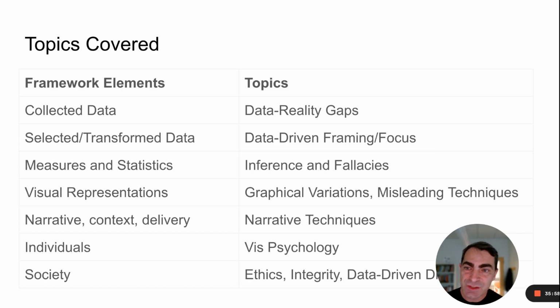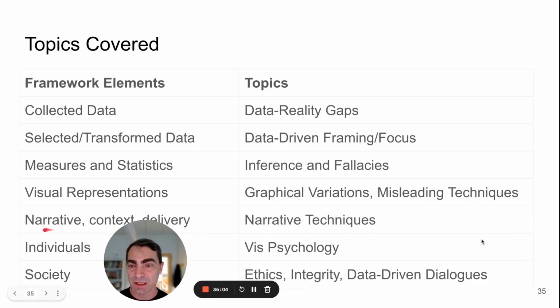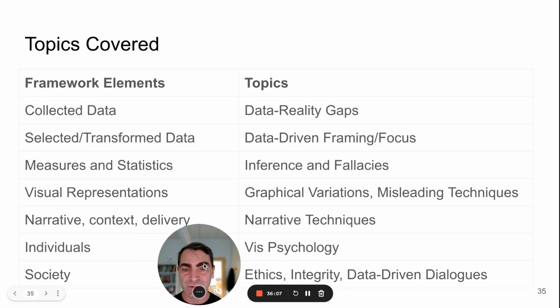So for each of these elements in the framework, we will be covering some specific topics in the course. So there is an association between the elements of the framework and the topics that I am planning to cover. So for collected data, I'm going to talk about data reality gaps. So gaps that may exist between what you would like to know and what is actually in the data. Then for selection and transformation of the data, you will have what I call data-driven framing and focus, right?